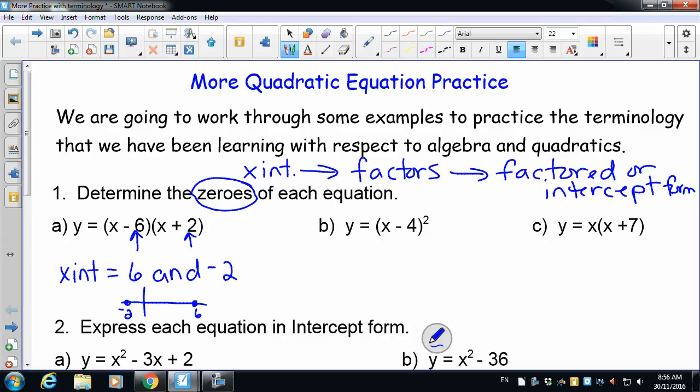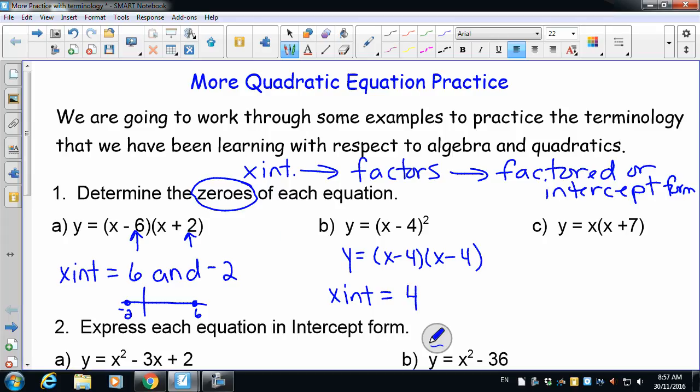If I look at this one, it's a little bit different. It has a bracket squared, but if you think about what that means, it really means you've just got two of the same brackets, which means we can still look at our brackets for our x-intercepts, except this time because the brackets are the same, the x-intercept is the same. So there's really just one x-intercept of 4.